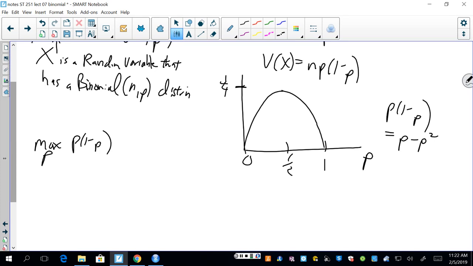In calculus, how did you find the maximum of a function? Find the critical point, which means take a derivative. So take a derivative of this function with respect to p.